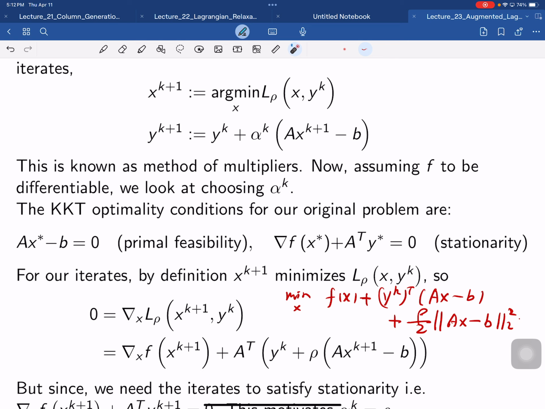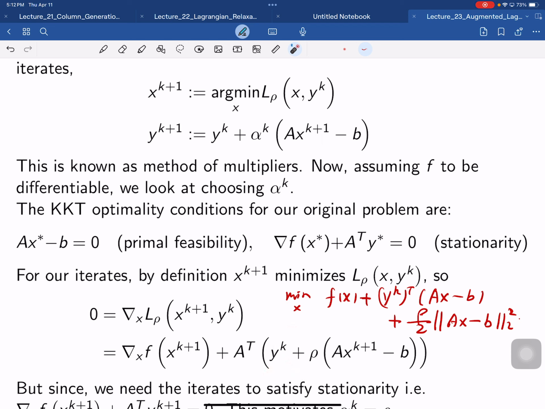But now the next step is we want to update the y in the next step. So let's compare these two terms right here. We know that this term is a gradient, but we just don't know what will be a good step size. Here, we know that the optimal x^(k+1) should satisfy this condition. But then we don't know how we are going to update y.